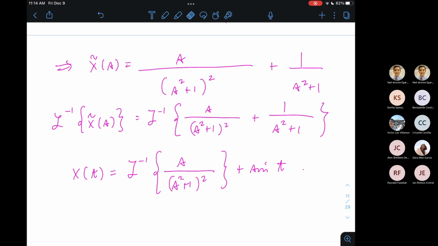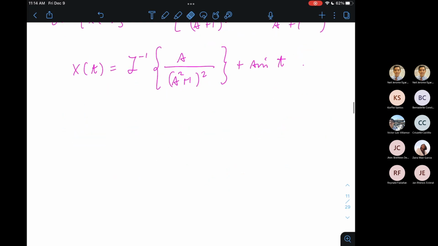Gusto ko kasing padaliin yung problem. Tanda ko hindi ito ganito kahirap eh. Kasi magpa-partial fraction decomposition pa ako doon. Pero let me see if I can avoid doing partial fraction decomposition here. I think I can't.